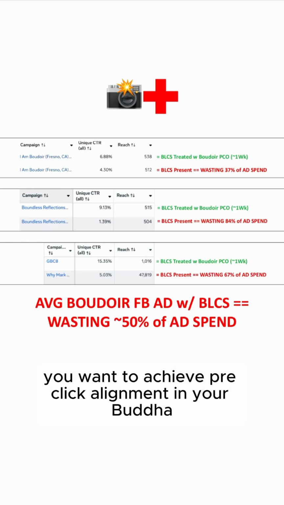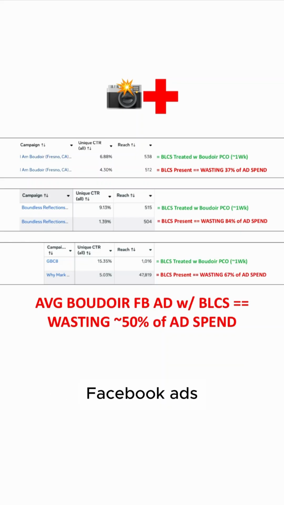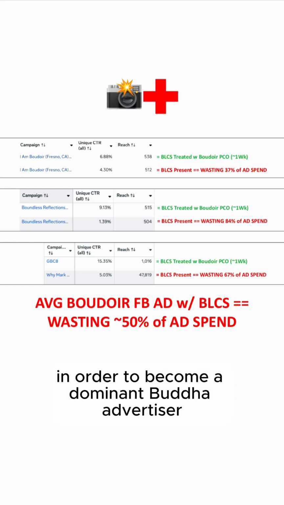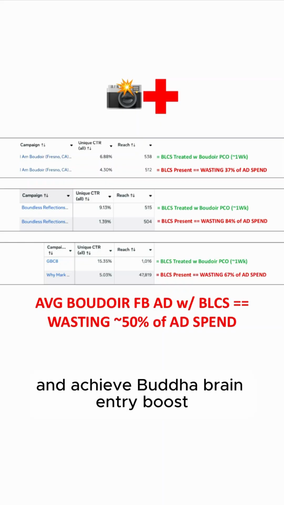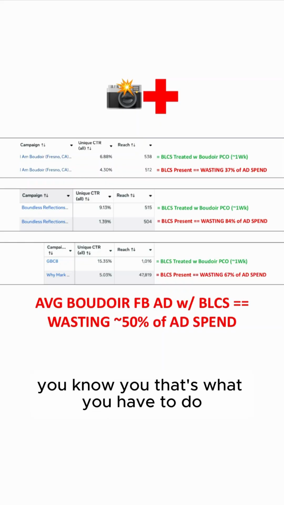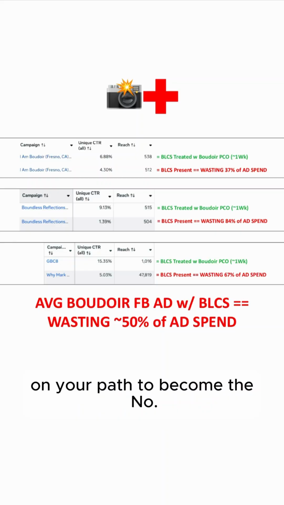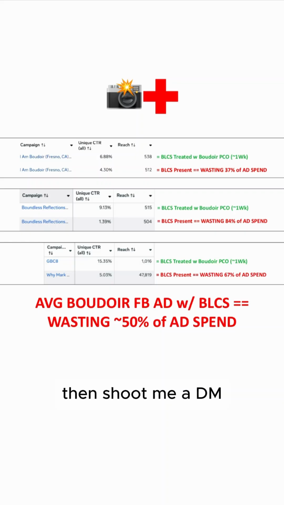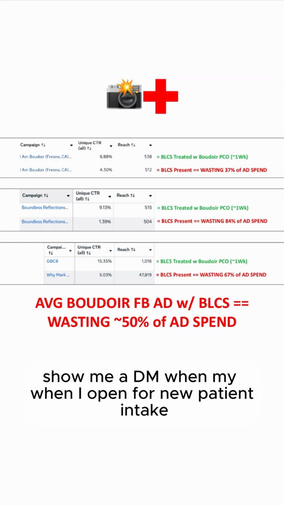And you want to achieve pre-click alignment in your Boudoir Facebook ads in order to become a dominant Boudoir advertiser and achieve Boudoir brain entry boost, because that's what you have to do on your path to become the #1 boudoir photographer in your city, then shoot me a DM when I open for new patient intake.